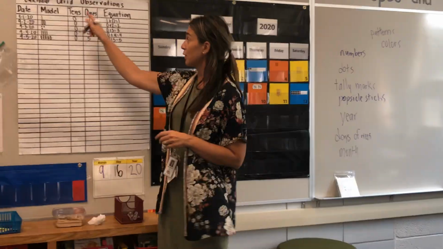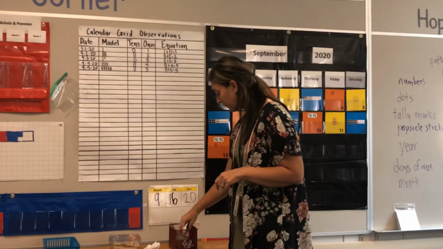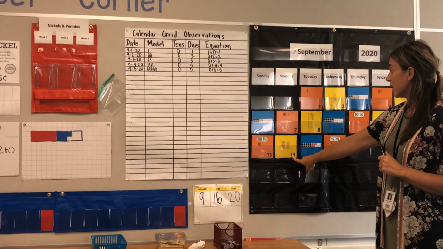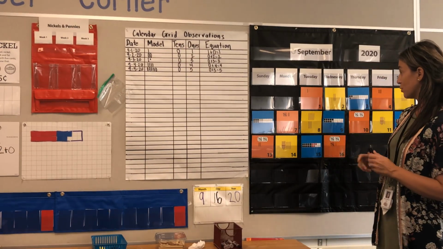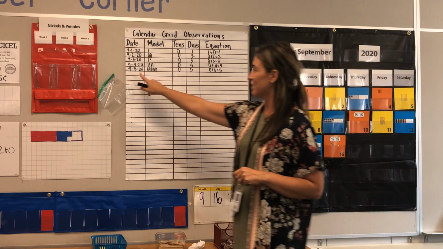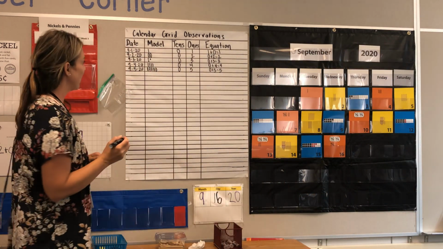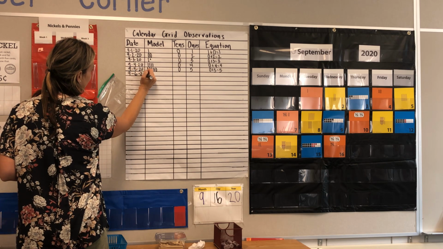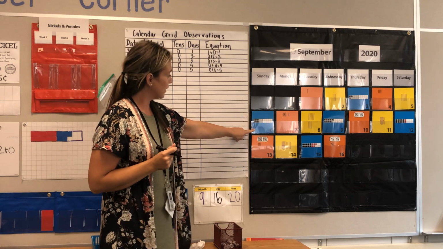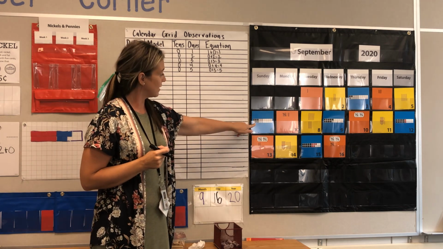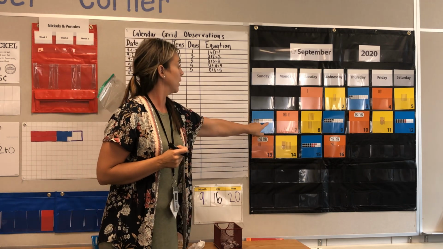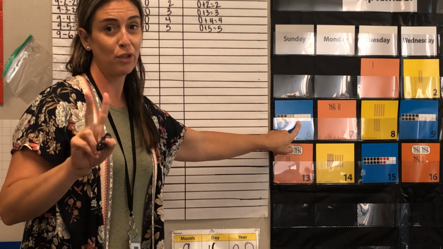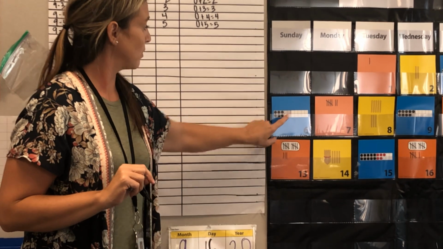Now for our calendar grid observations, we're trying to catch up because we didn't start school until the 14th, so we're trying to fill in the extra days. Yesterday we got as far as filling in to September 5th, so today we need to write September 6th. If we look at September 6th, it's represented with a double tens frame. Yesterday we talked about how a double means 2, and tens frames are groups of 10.